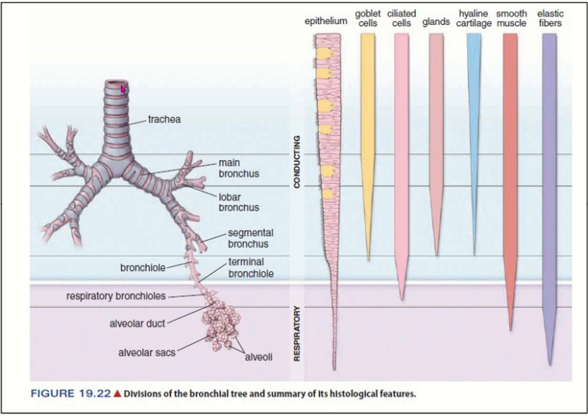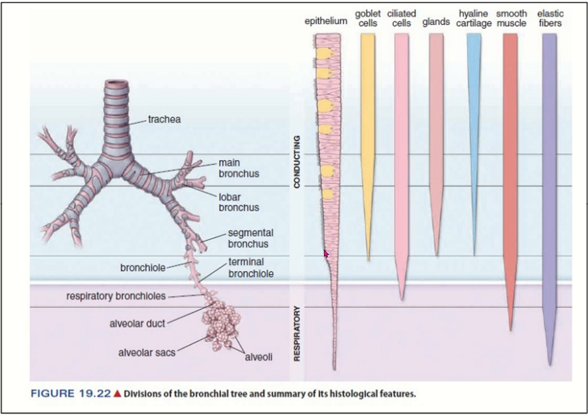lining epithelium of the lumen or test tube is known as the respiratory epithelium, and the cells of this epithelium are different in different portions of the respiratory system. So let's see the lining epithelium of the conducting part.